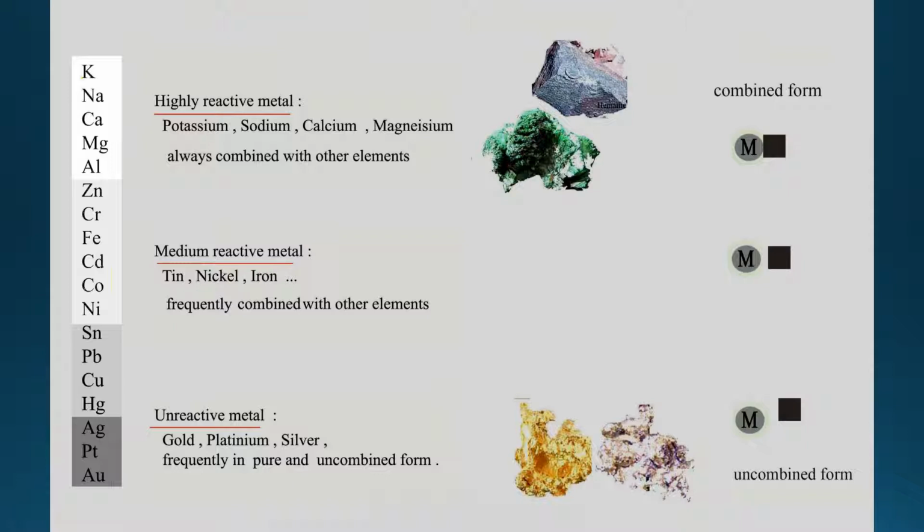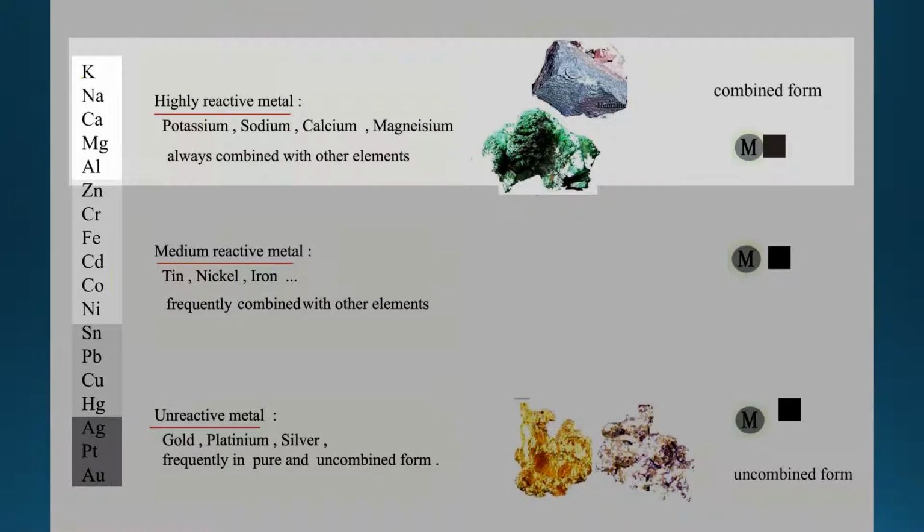And when you go to the lower part of the group, they will bind not as tightly. But when you go to the lower group, you can find them in an uncombined form. And even if they combine, they quite easily extract out.